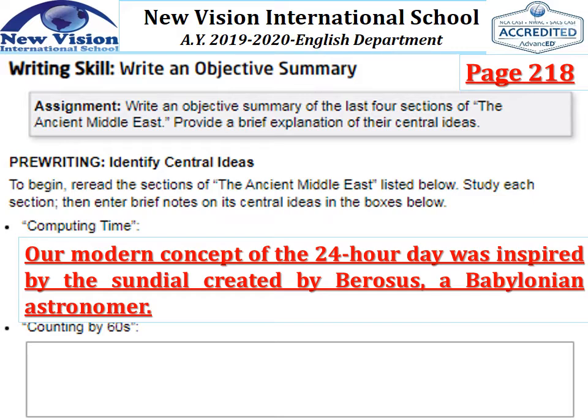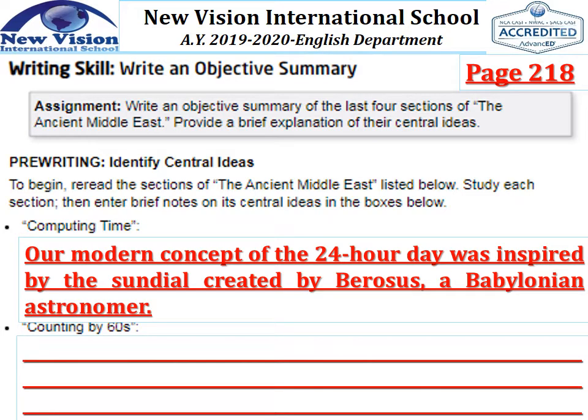Now, it's your turn. Go back to our text, then start adding your central ideas for the remaining 3 sections. You have counting by 60s, lunar eclipses, and a famous number. Take your time.